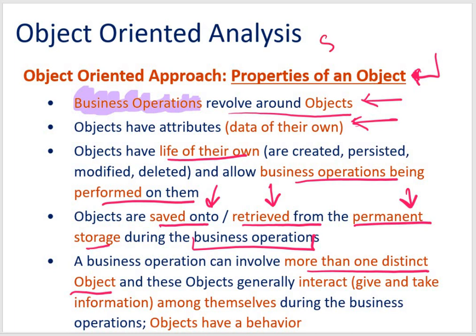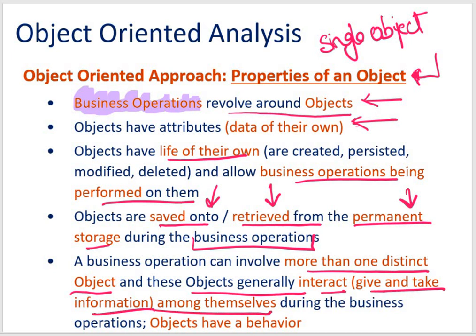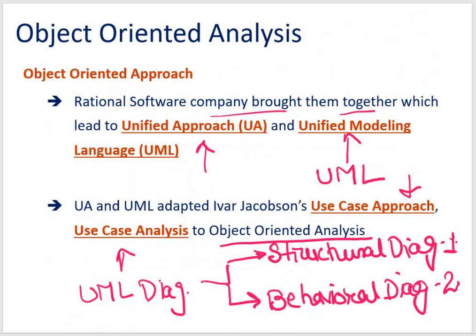And a business operation can involve more than one distinct object. It's not the only case that I'll have a single object; I can have more than one object as well. And these objects generally interact, that means give and take information among themselves, during the business operations.